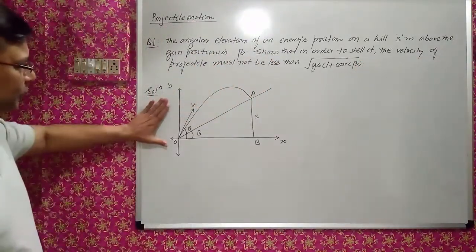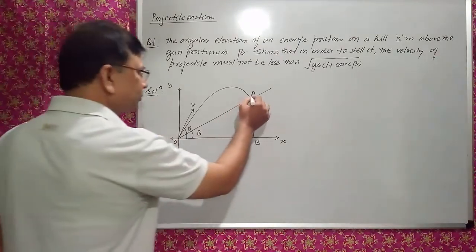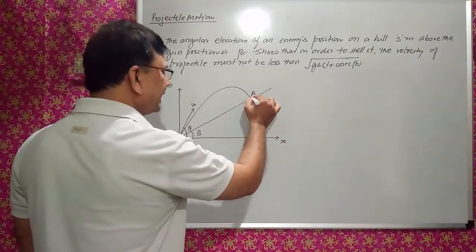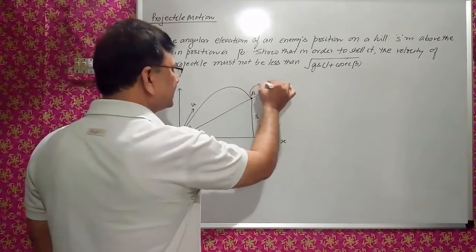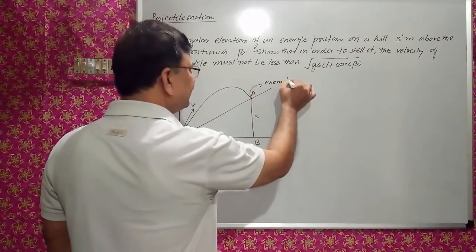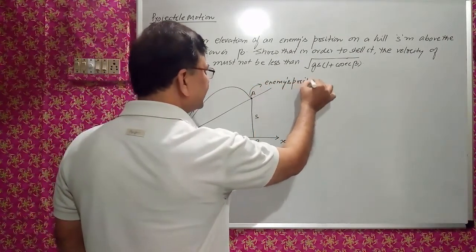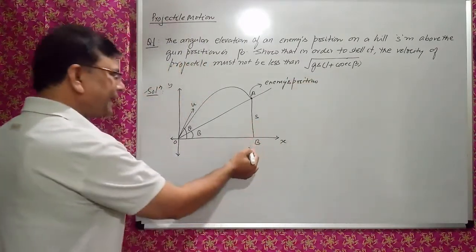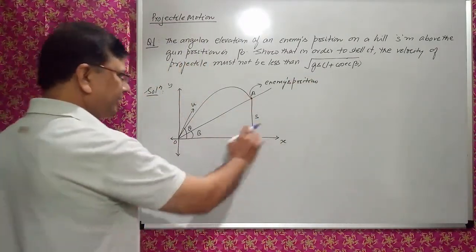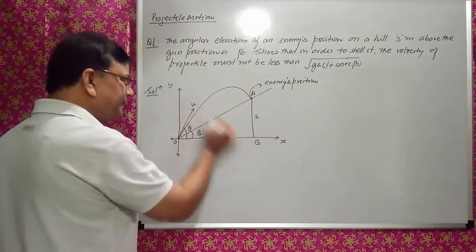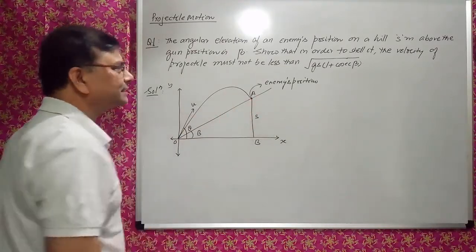So I have drawn the figure over here. Suppose this is enemy's position, and it is above the ground. This is the gun position. Above this is S meter.